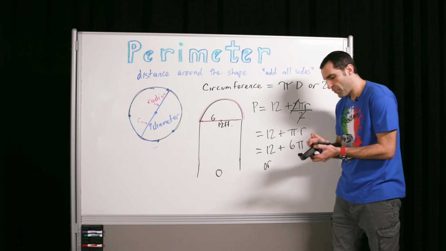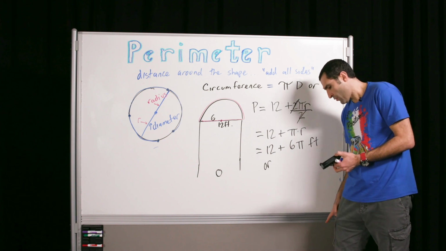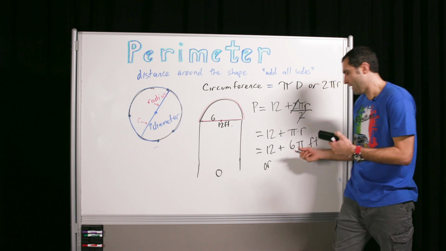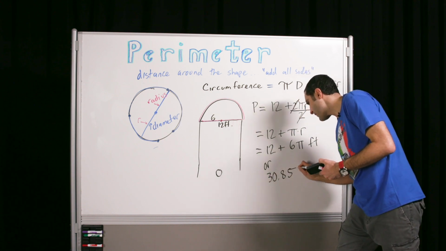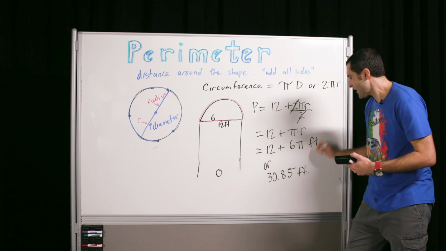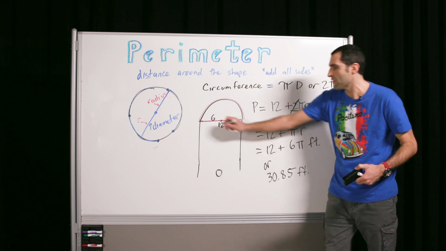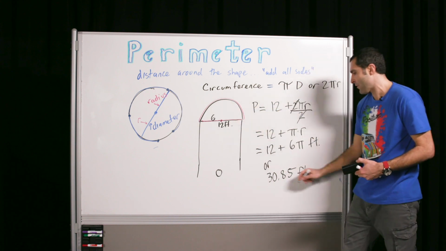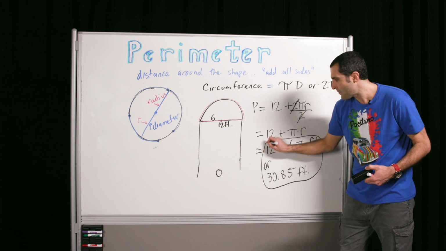Boom. 30.85. 30.85 feet. Let's try to keep the units going because that demonstrates that you know what we're talking about. It's how long this is. 30 feet around.